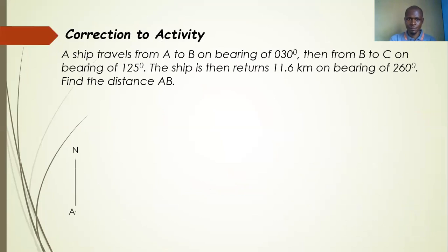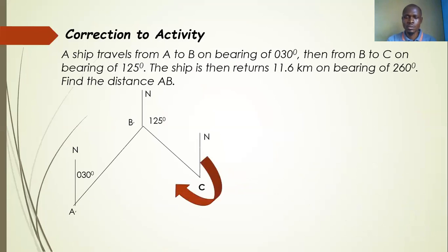So you have from point A, north pole, you have 30 degrees to point B. North pole of point B, you now have 125 degrees to point C. Getting to point C, north pole of C, you have another angle which is 260 degrees.